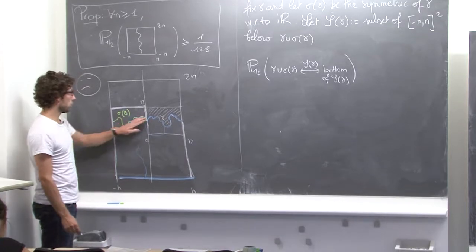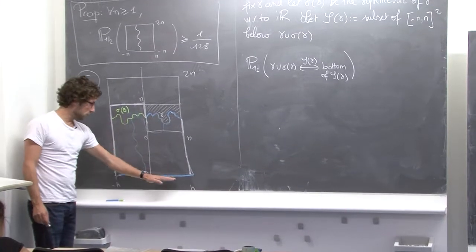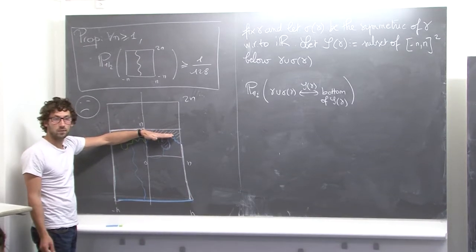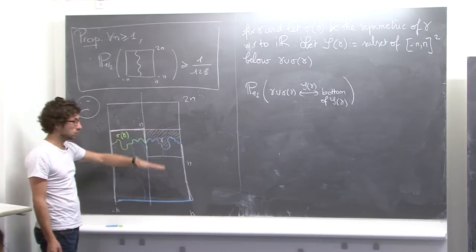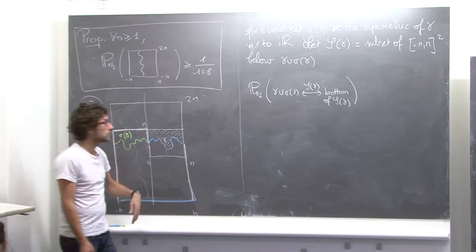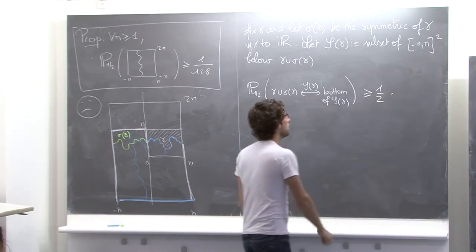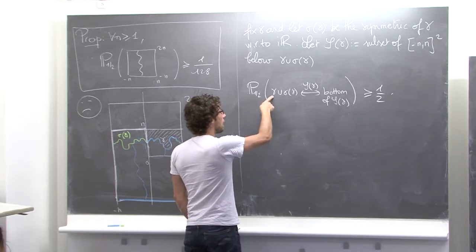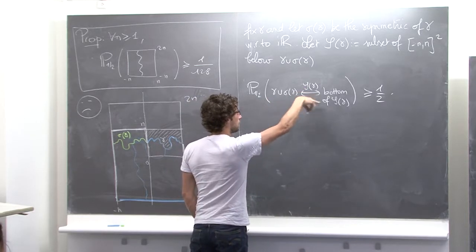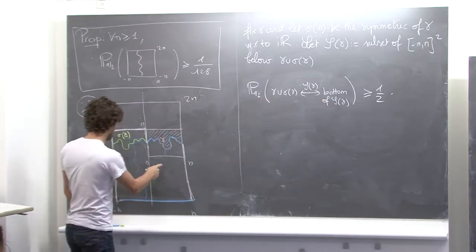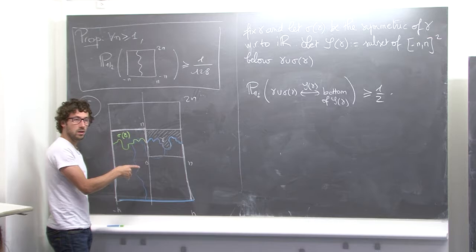How can I bound this from below? Well, let's just ignore that I have this set. The probability of going from the bottom to the top is 1/2. Right? So this probability is larger or equal to 1/2. Now, the probability that there is a path which finishes at gamma and the probability that there is a path that finishes at sigma of gamma is the same.